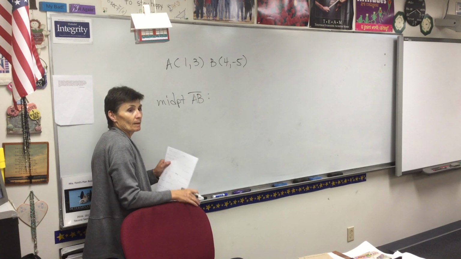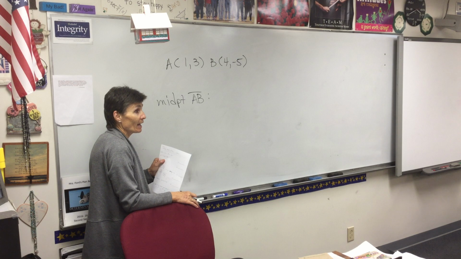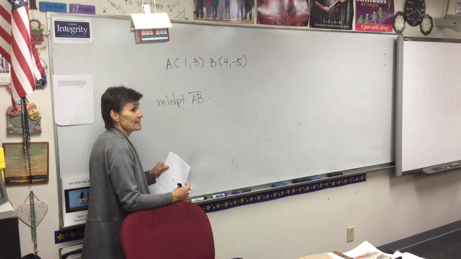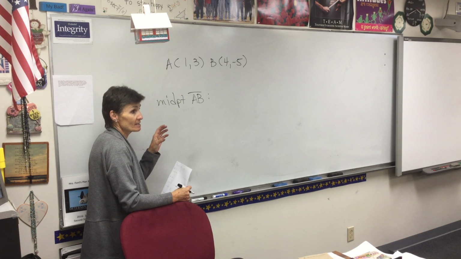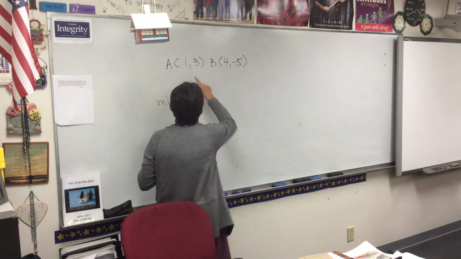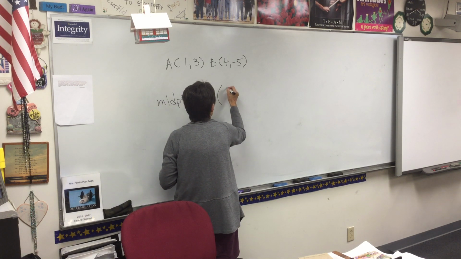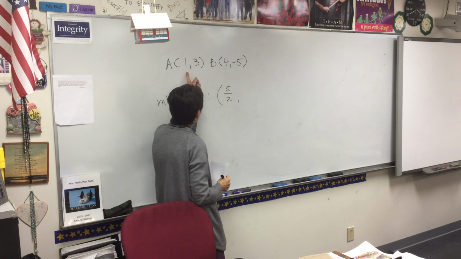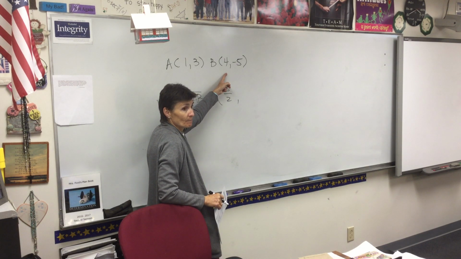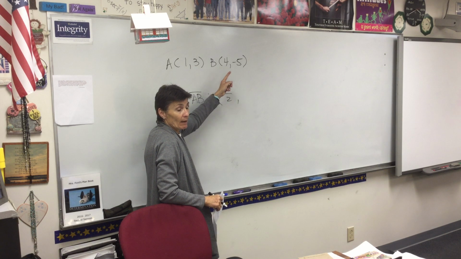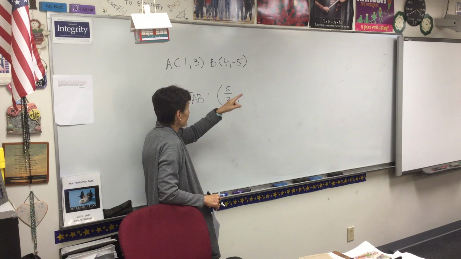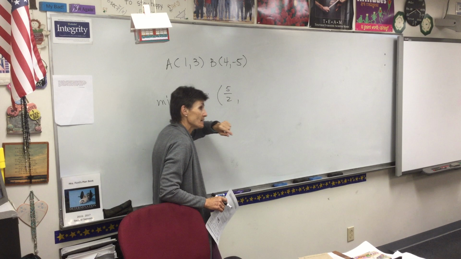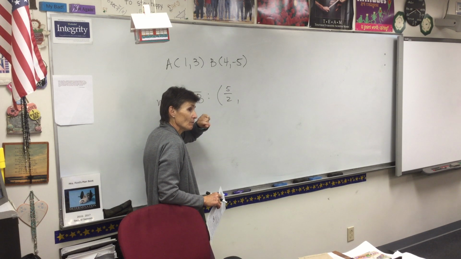Add them and divide by 2. And when I say add them, I mean add the x's and add the y's. So 1 plus 4 is 5 divided by 2. I add the x's and divide by 2. Unless you know how to do that, write that down over to the side because you may not remember how we got 5 over 2.